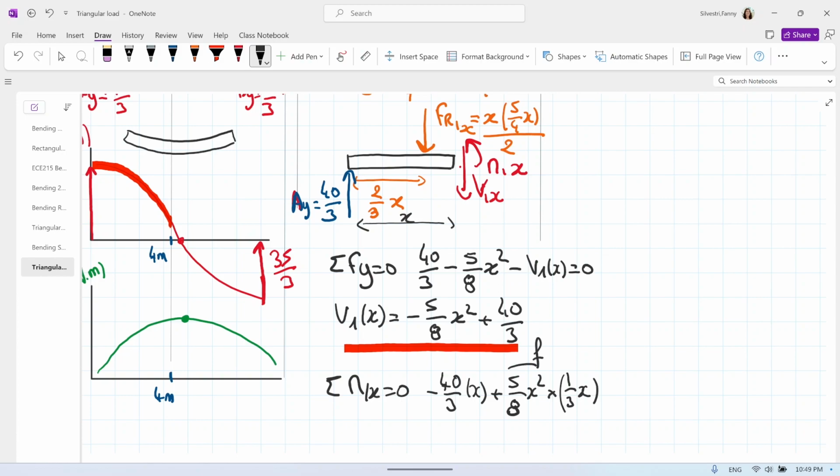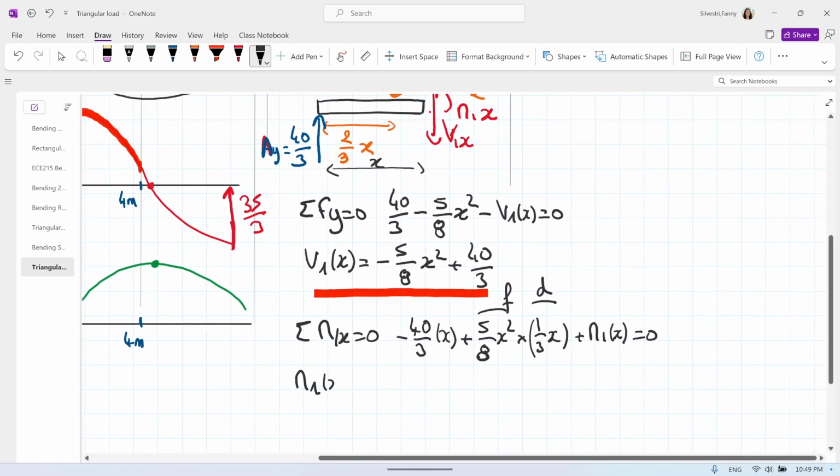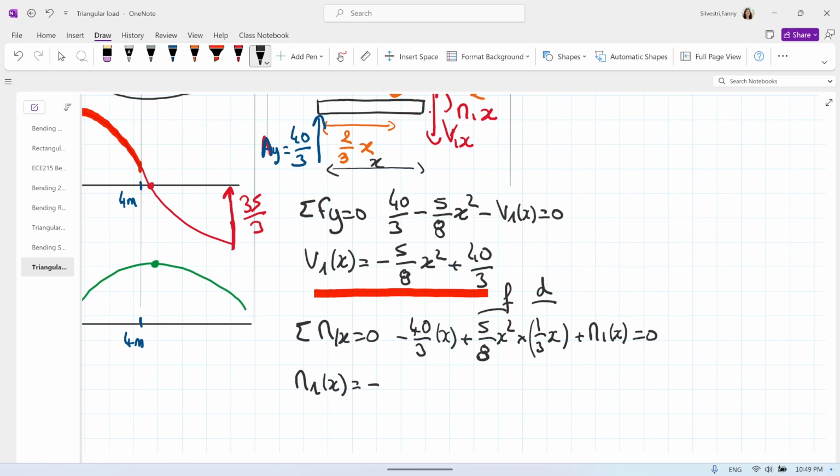This one is the force, this one is the distance for the moment. And plus m1 of x equals 0, because m1 of x is positive. So we have m1 of x equal minus 5/24 x cubed plus 40/3 of x. And this is the equation.